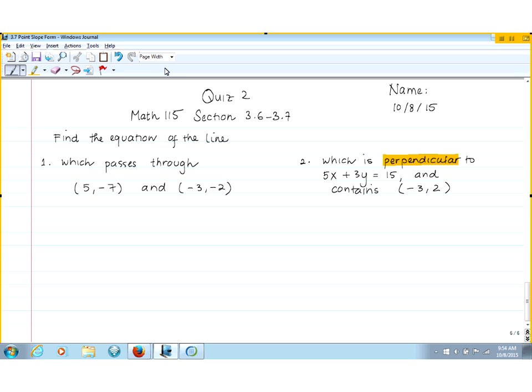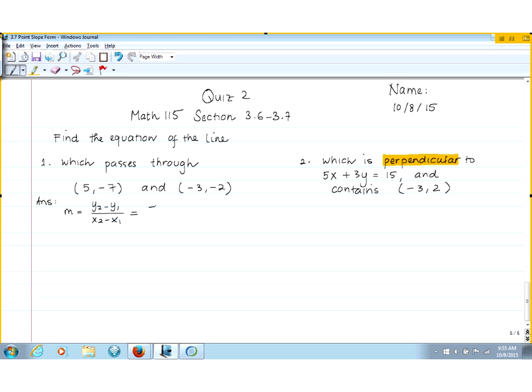Is it hard or easy or what? Did everybody come in? Okay, let's do it. What do you do for number 1? We have to find the slope. What is the slope? Write down the formula: m is y2 minus y1 divided by x2 minus x1.